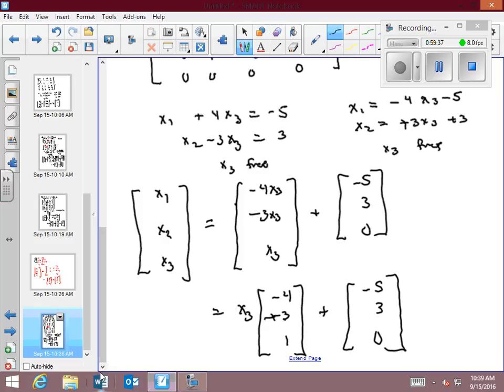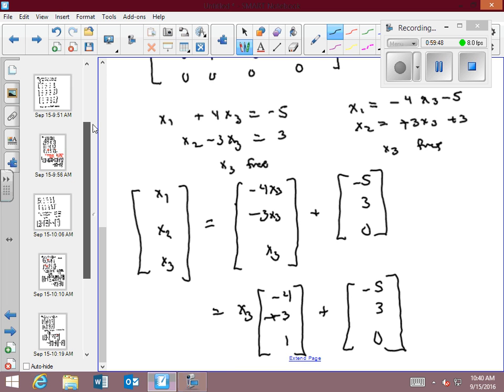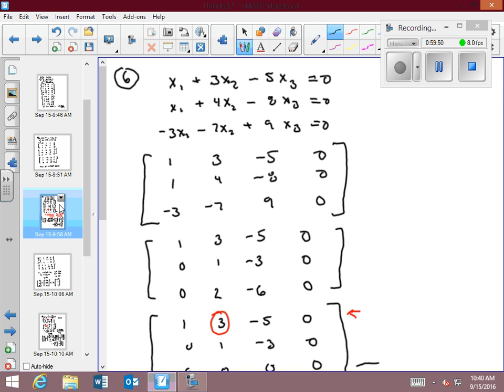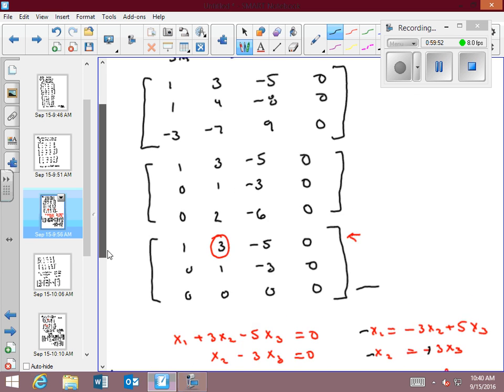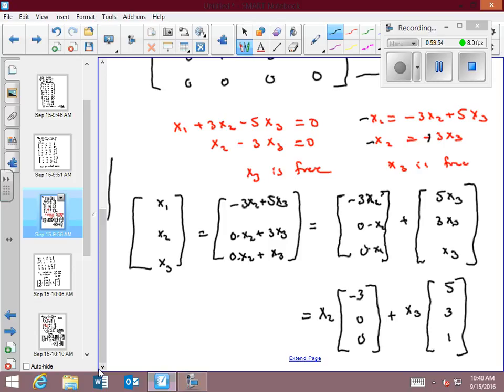I can't even, at this point in class, I can't even think. Is the x3 vector minus 4, 3, 1? Is that the same as this one? No, it's not. I might have done this one wrong.